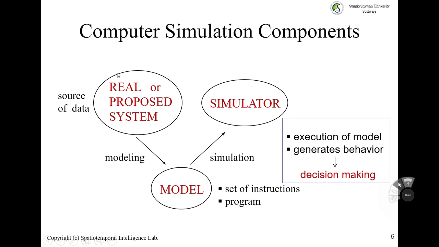Also, this can be described as a real or proposed system. The real system means the system that currently exists, and the proposed system is the future system that is under design now, something to be built.